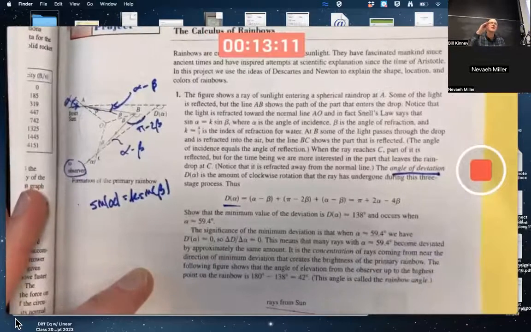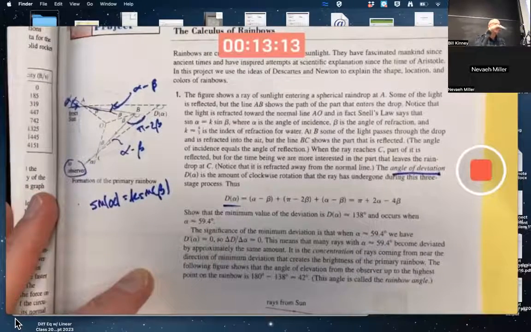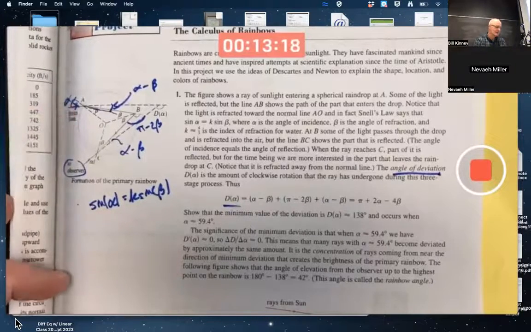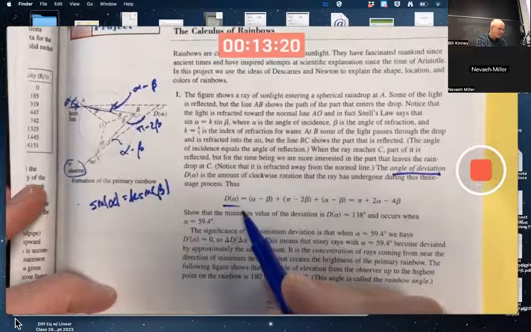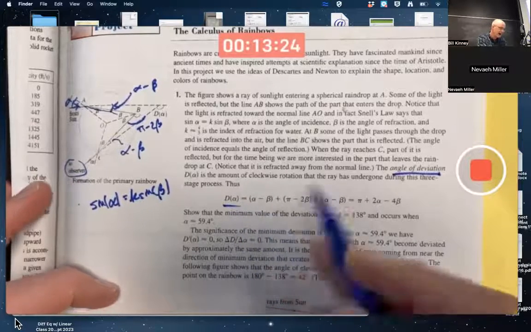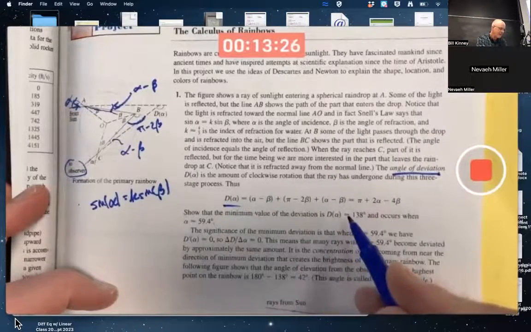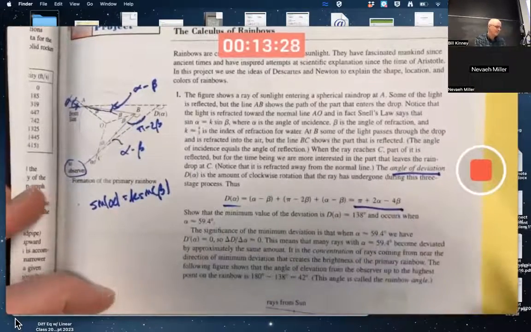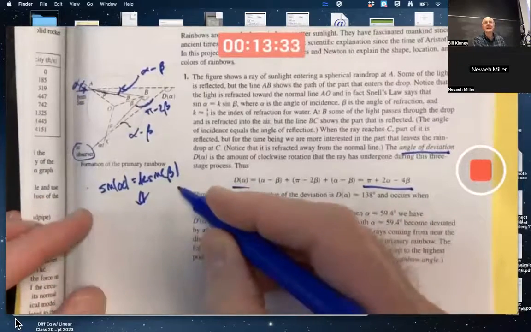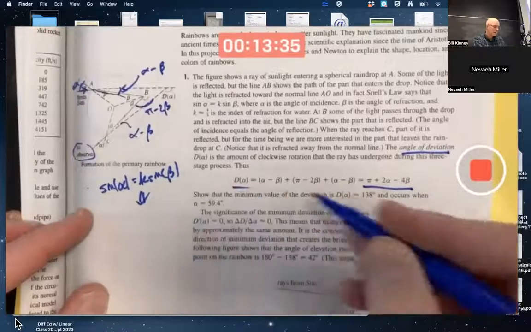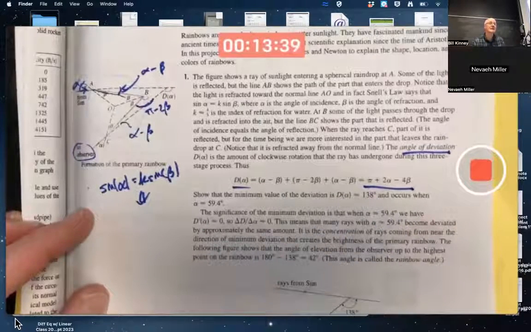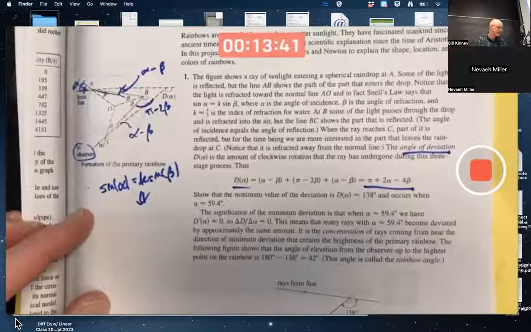How much does the light ray turn in this diagram in the clockwise direction from the original direction? D of alpha, it's a function of the angle of incidence. It depends initially on both alpha and beta, like that, but because of Snell's law, that's essentially like a constraint that helps us write this function of two variables as really just a function of one variable, a single variable calculus function.